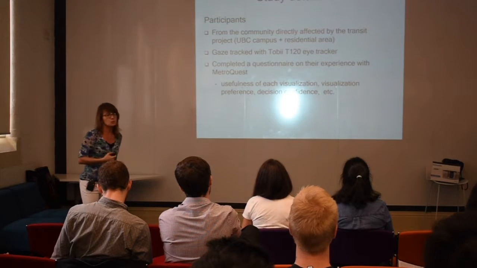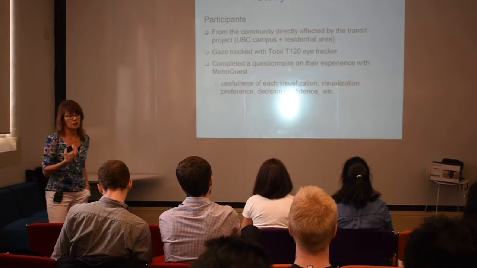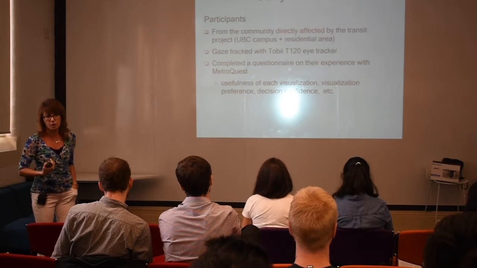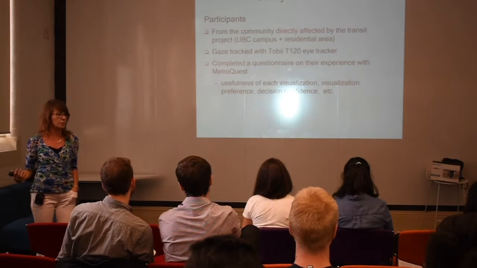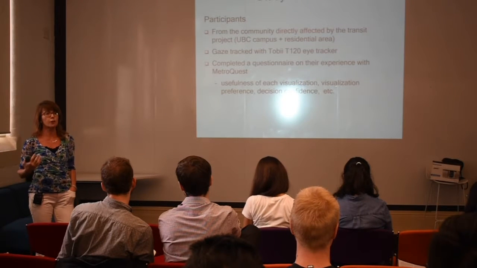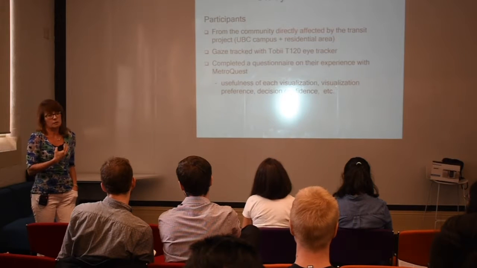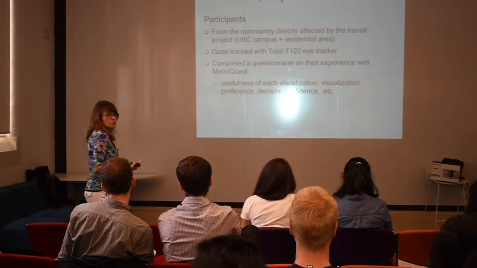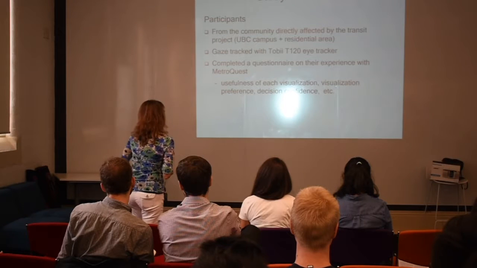The participants were from the community that is most directly impacted by this project, the UBC campus community, which involves obviously students, but there is a huge residential area and people live there and they don't work at UBC, they don't attend UBC, they just like to live there because it's a nice place.